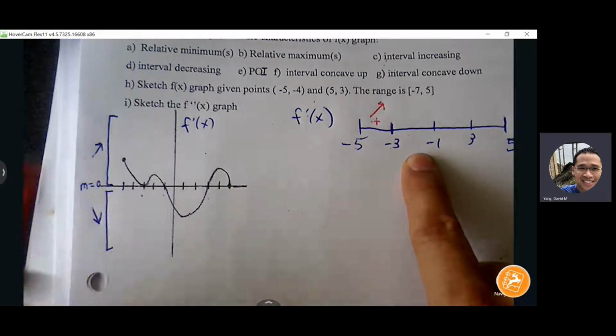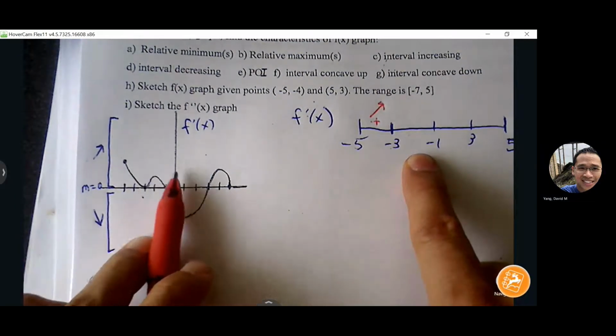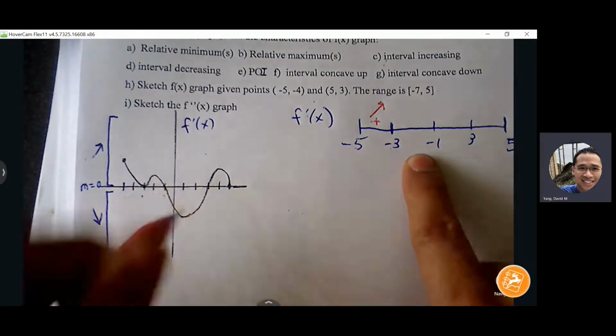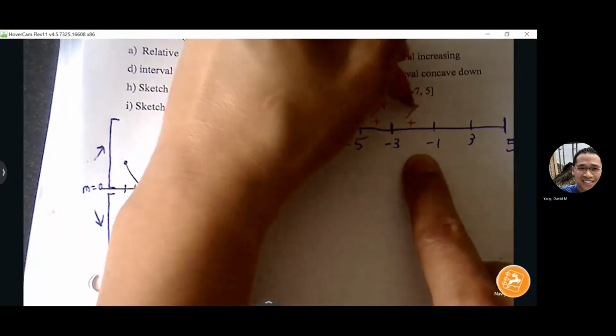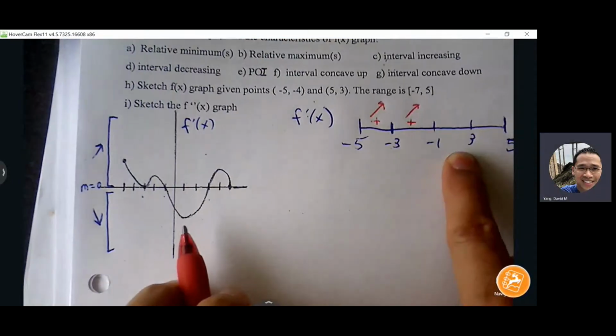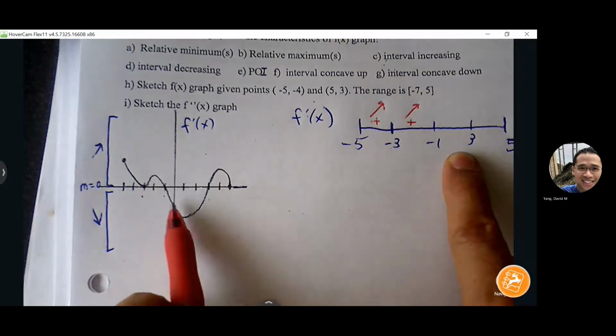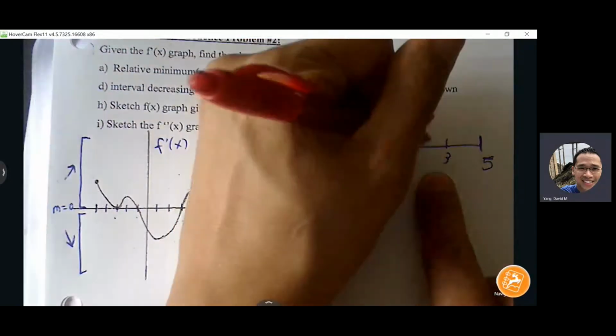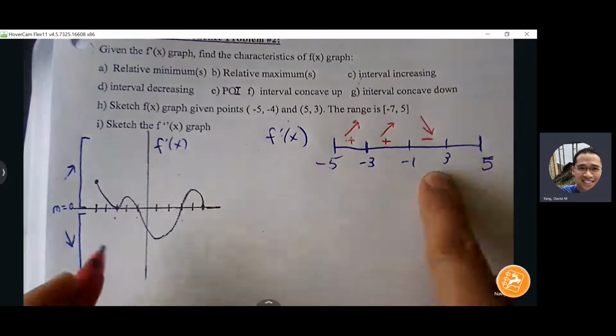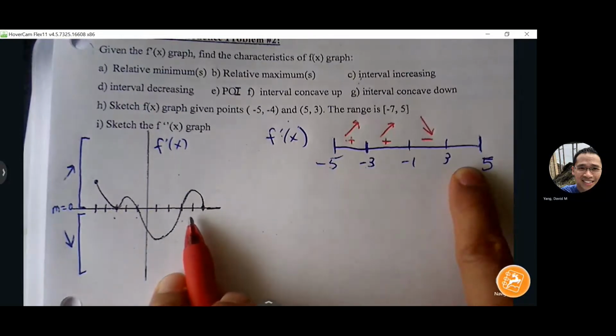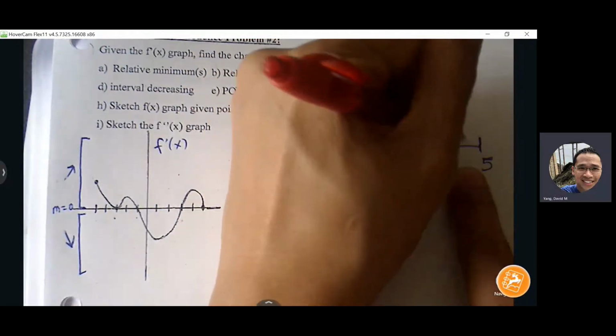Okay, between -3 and -1, still above, right? Between -1 and 3, below the x-axis, negative slope. And between 3 and 5, above, positive slope.